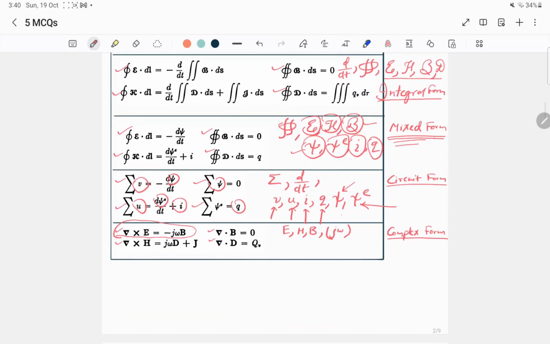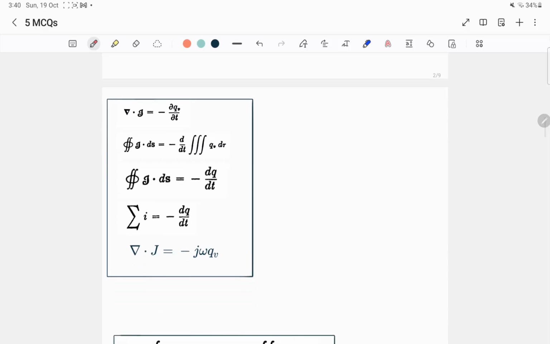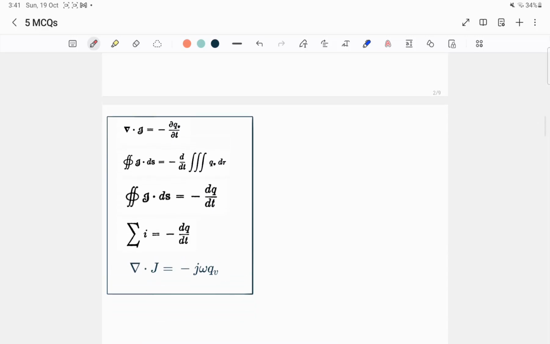So now let's see our next thing. These five set of equations are called equation of continuity. And they are also called conservation of charge equation.